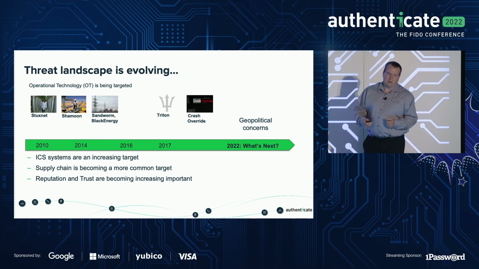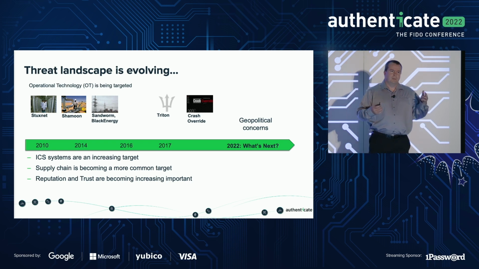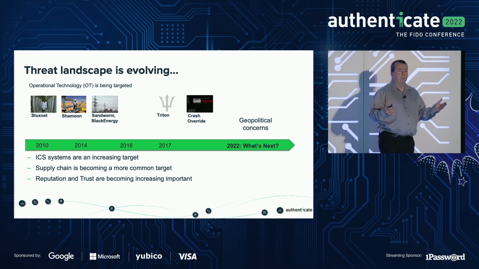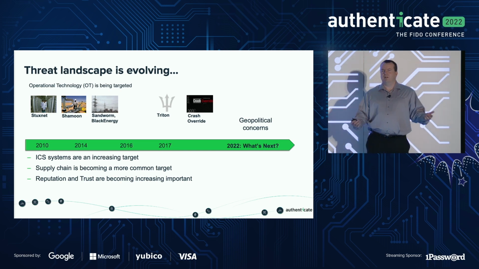You can see on the screen a couple of different examples dating all the way back to 2010. Probably many of you have heard of Stuxnet. Stuxnet is a great example of malware that caused some really disastrous consequences. One of the biggest things is they thought they were safe because their system was air-gapped. You've probably heard that over and over before: these networks are air-gapped, so they're totally secure, you don't have to worry about anything.